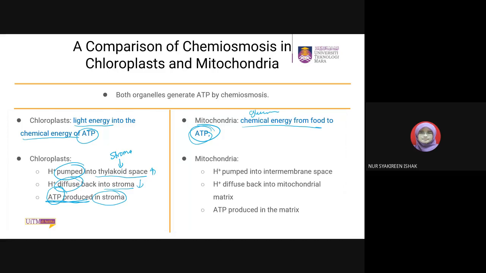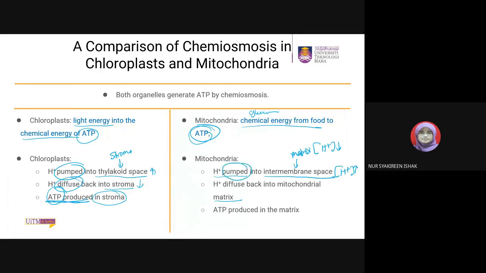But as for the mitochondria, obviously dia punya ruang dia berbeza lah. So mitochondria, dekat dalam mitochondria melibatkan apa? Intermembrane space dan juga matrix. So hydrogen ions are pumped into the intermembrane space. From mana? From matrix. Ingat balik. So matrix, kena ingat dia ada low concentration of hydrogen ions, intermembrane space has high concentration of hydrogen ions.